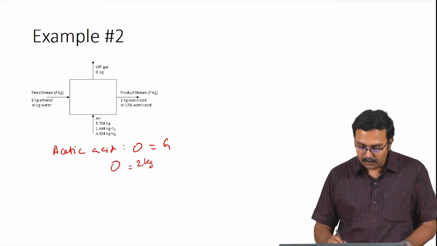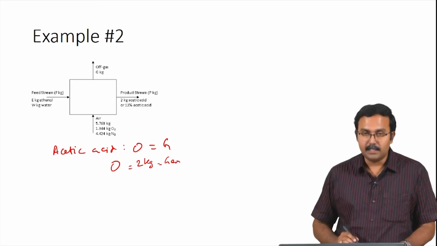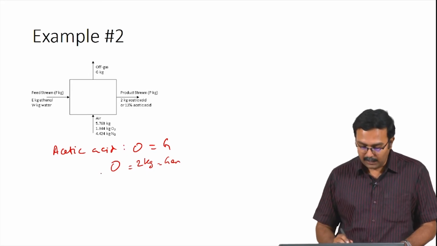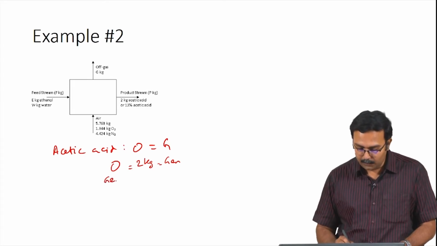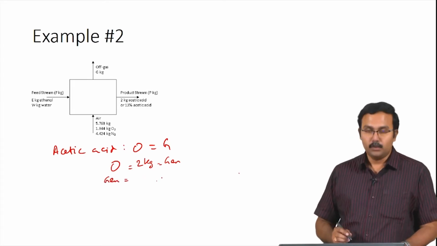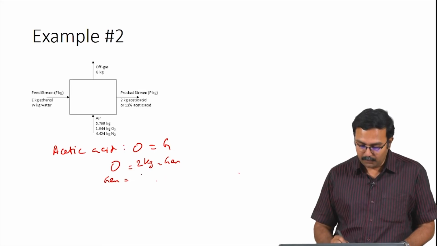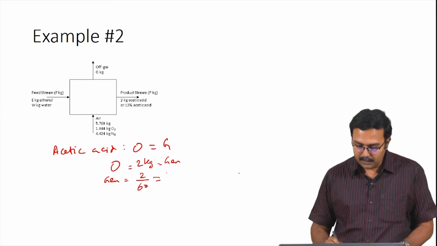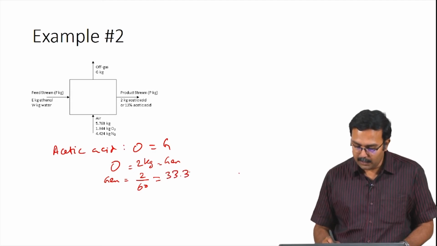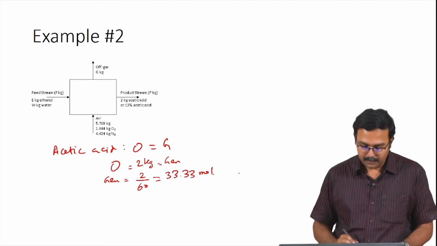Now, if this is the generation, we can also calculate the number of moles of acetic acid which is generated, so that we can use the stoichiometry. So, generation in terms of moles for acetic acid would be its mass divided by molecular weight, giving you 2 divided by 60. So, conversion to moles will give you 33.33 moles.